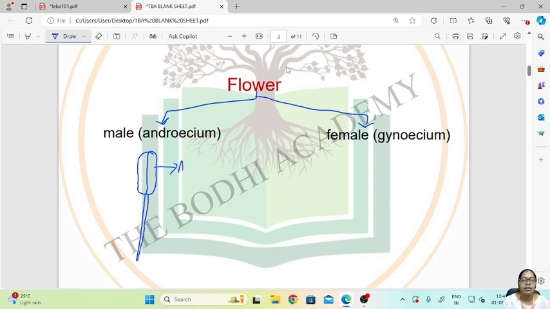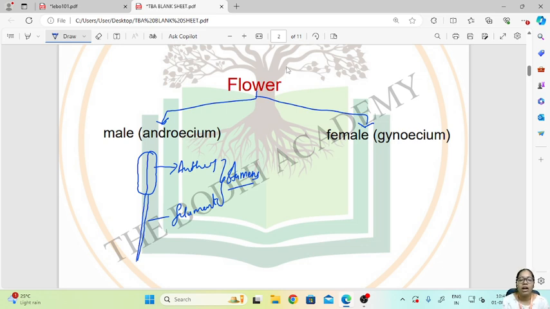So this is the anther and this is the filament, and it is also called the stamen. So this is the main male reproductive part.